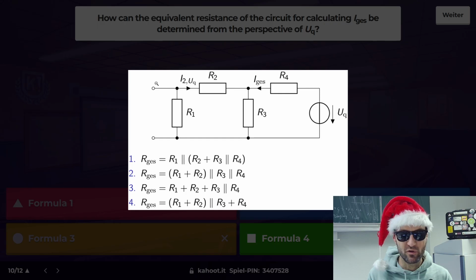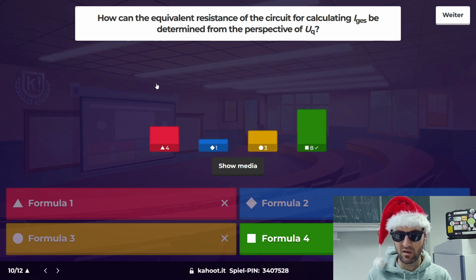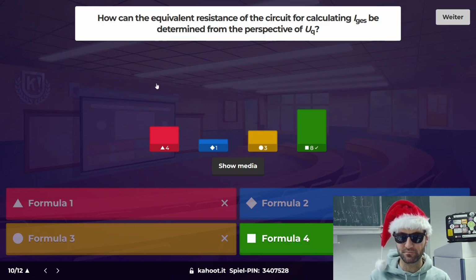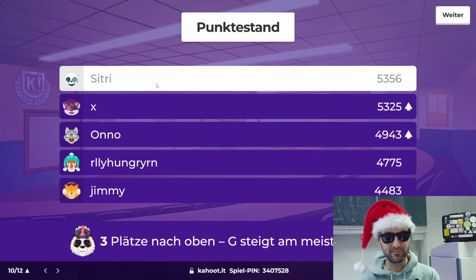We have the same voltage drop from here as to here, so these two branches are in parallel, and then this one is in series as well. So we have the R1 plus R2 series connection, R3 in parallel, and then plus R4 in series. And that's why formula 4 is the correct answer.